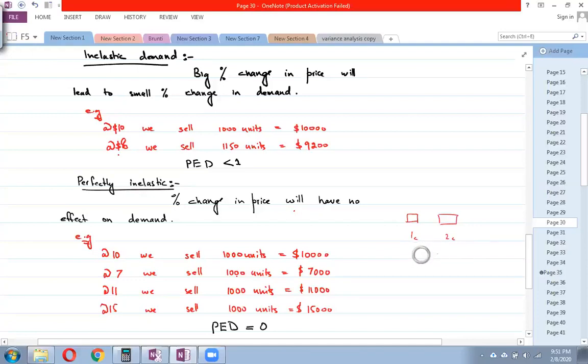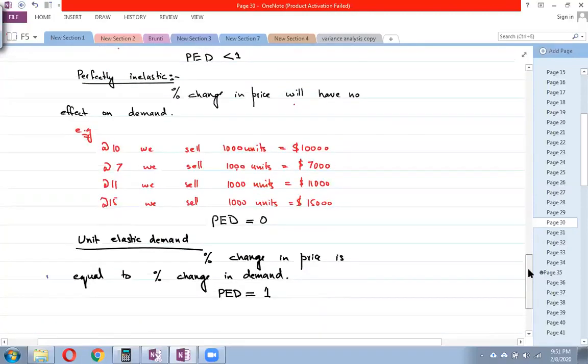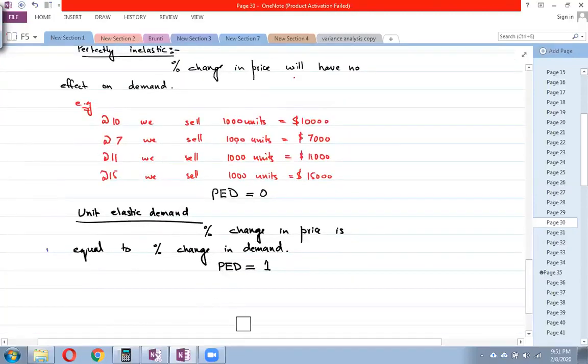But if you need a matchbox, it's such a small amount that even a 100% increase in price will have no impact on your decision. You will still buy it for 1 cent or 2 cents. It's just a very small amount of your disposable income. Perfectly inelastic.